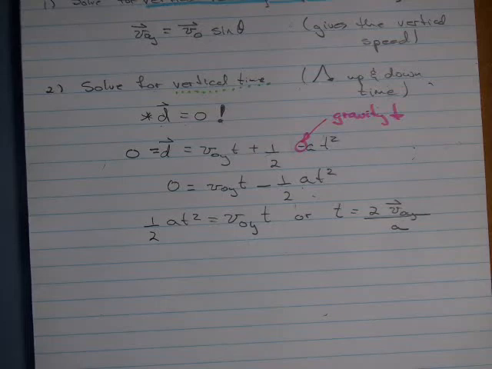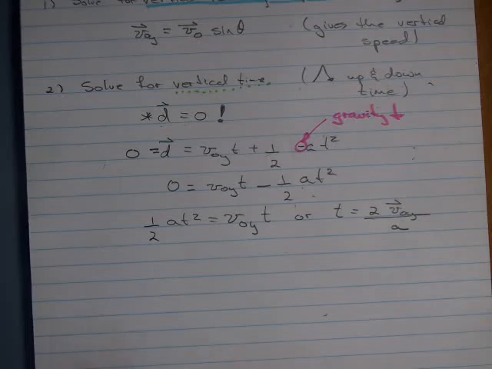It depends on whether you've dropped a ball off, or if your initial velocity is in the upward direction, then gravity has to be negative. If you drop the ball or you throw a ball down, gravity is now positive.